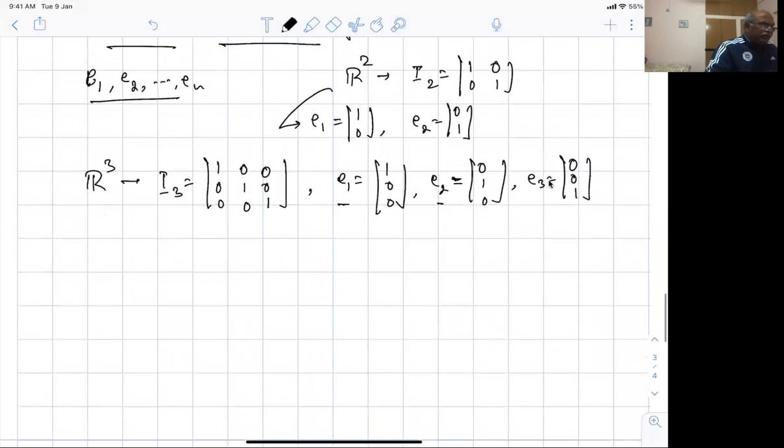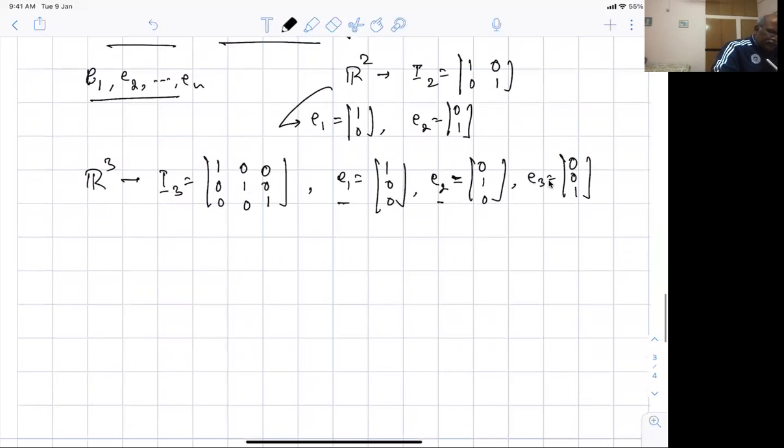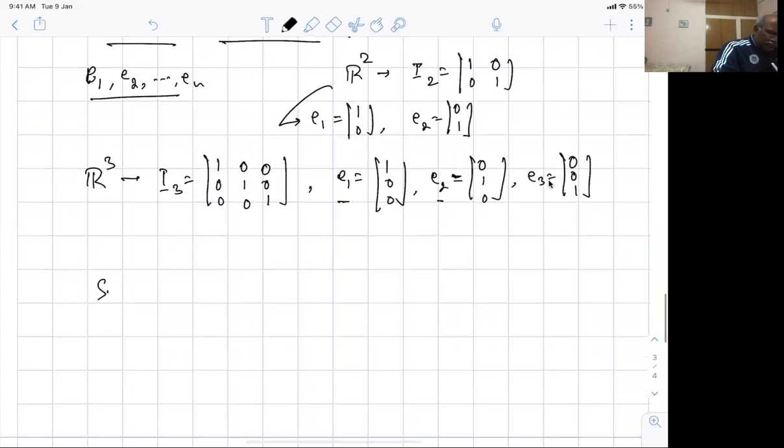So what is a system of linear equations? Consider the system.